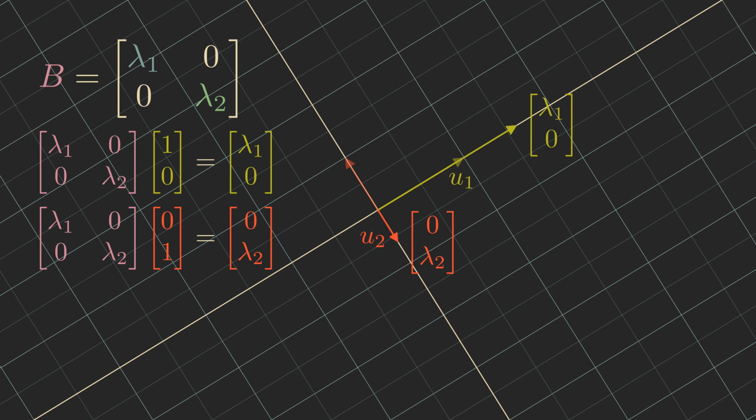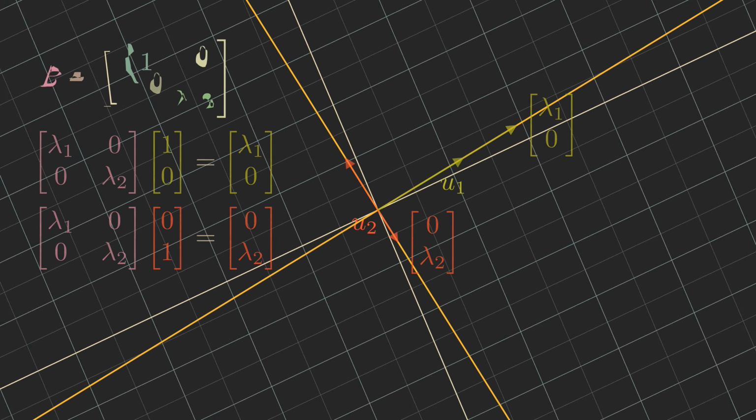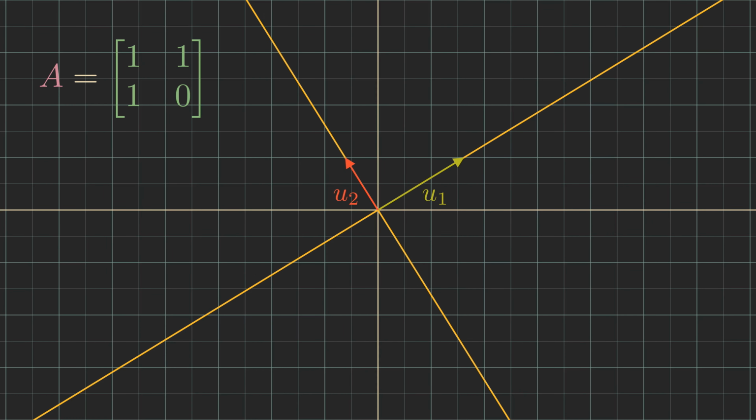One helpful way to look at these vectors is that their slope doesn't change after multiplying them by B. Since A and B are similar matrices, the same property should hold when we multiply U1 and U2's standard coordinates by A. We call vectors that are scaled when multiplied by some matrix eigenvectors of that matrix, and the factor by which the vector is scaled is called an eigenvalue of that matrix. So U1 and U2 are eigenvectors of A, and lambda 1 and lambda 2 are eigenvalues of A.